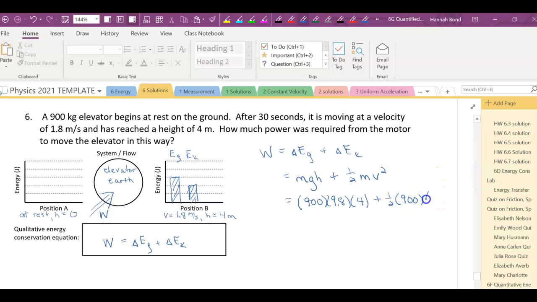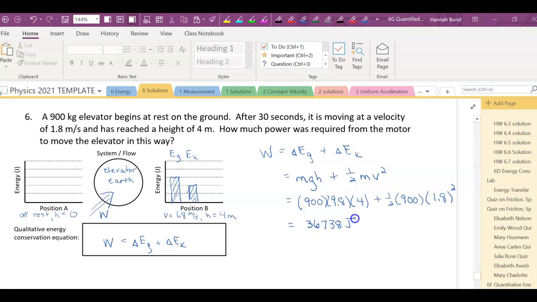And it's moving at a velocity of 1.8 meters per second, and I want to square that velocity. Okay?